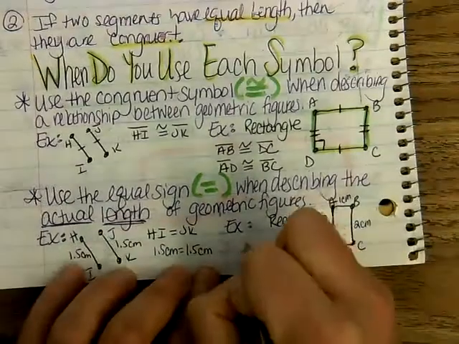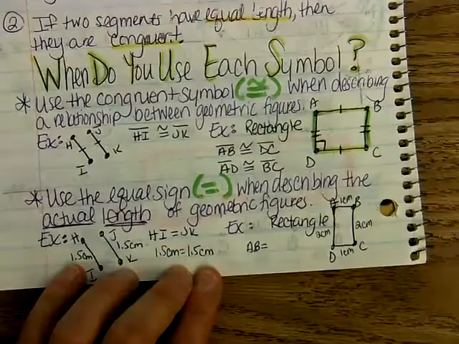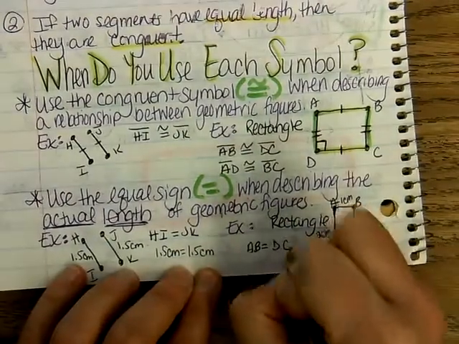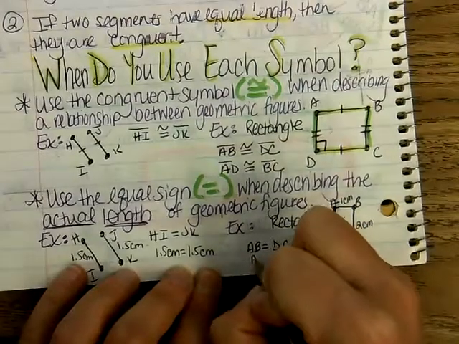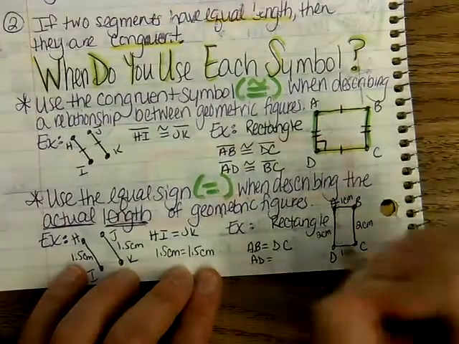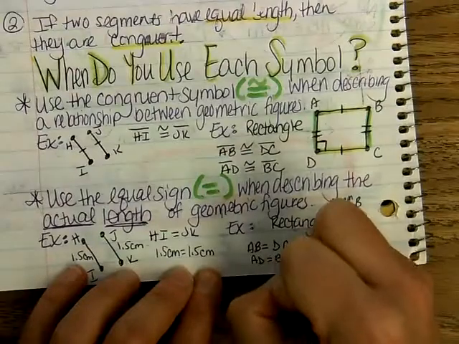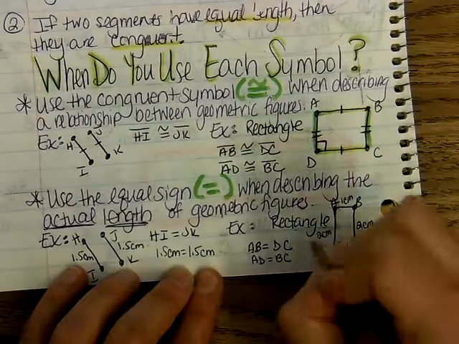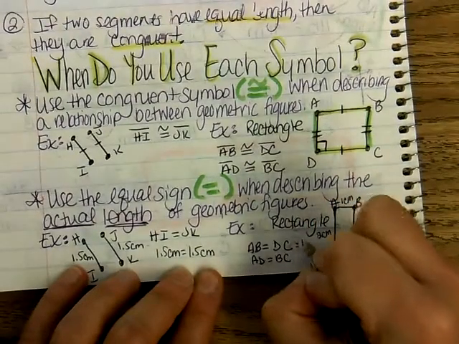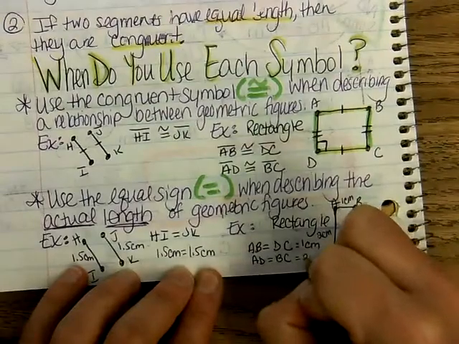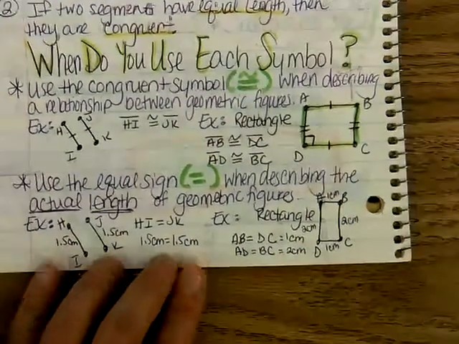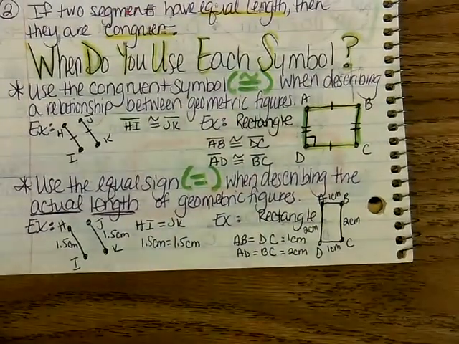So we would say that segment AB is equivalent to segment DC, and AD is equal to segment BC. And we would say that because these all equal either 1 centimeter or 2 centimeters. We're talking about actual numbers.